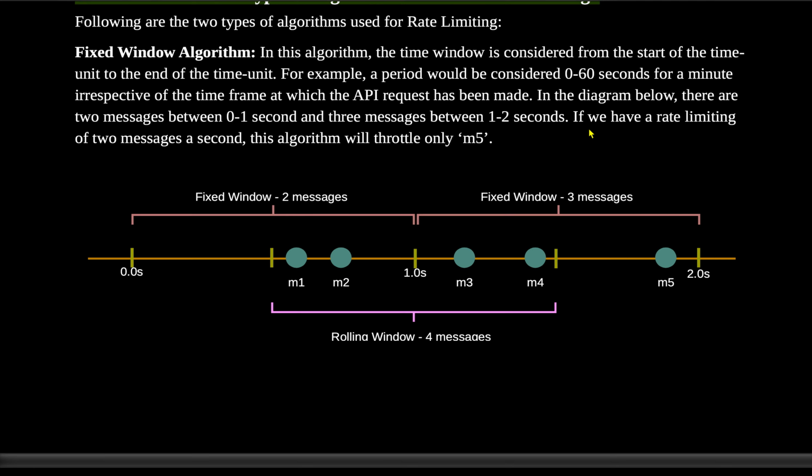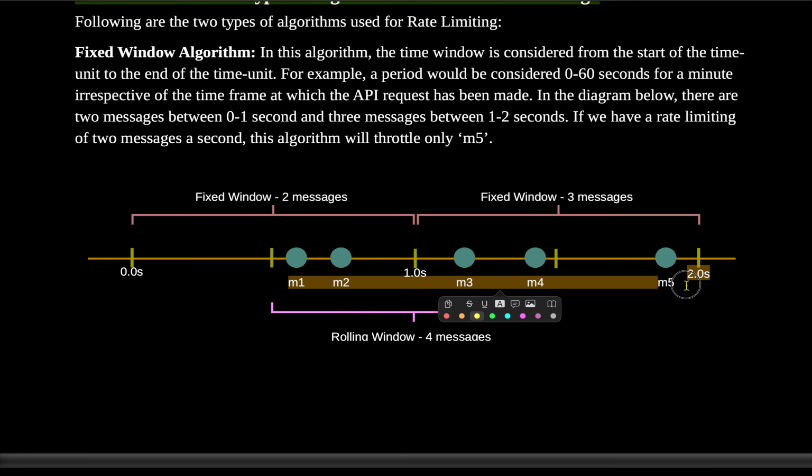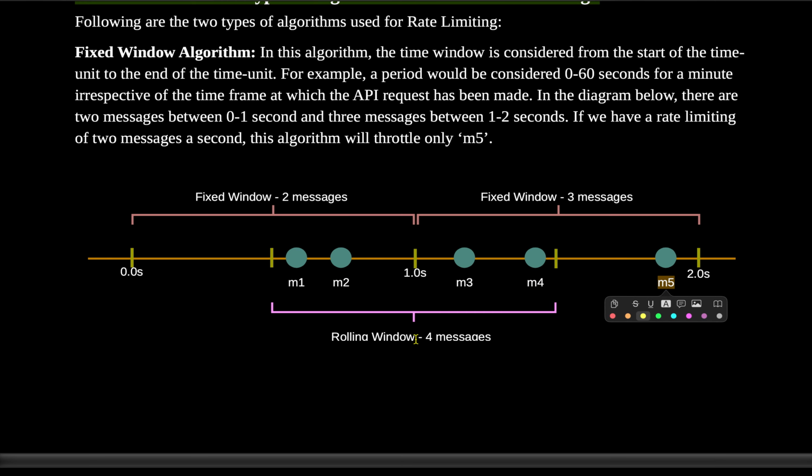If we have a rate limit of 2 messages a second, the algorithm will throttle only M5. We have 2 messages a second, so a second has passed and we have 2 messages here. Next second, from 1 to 2, we have 2 messages, M3 and M4. Even though M5 kicks in, we are not allowing it.